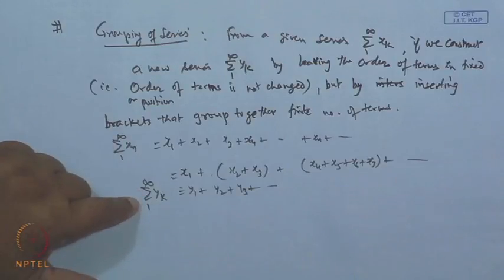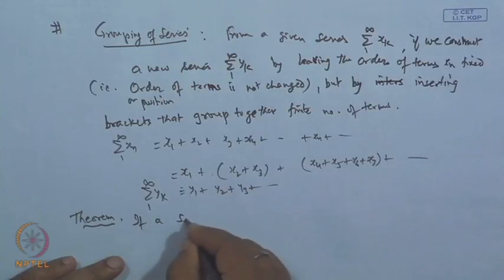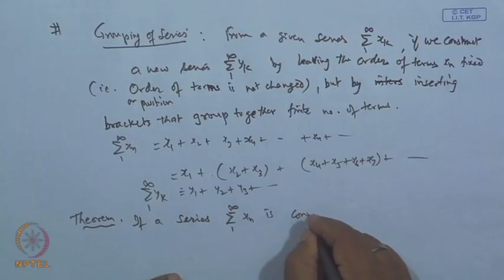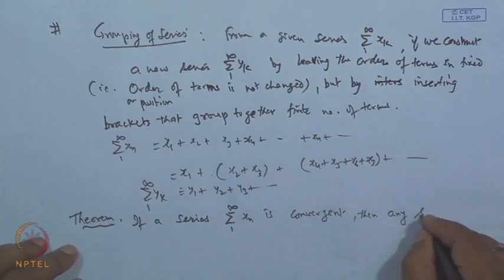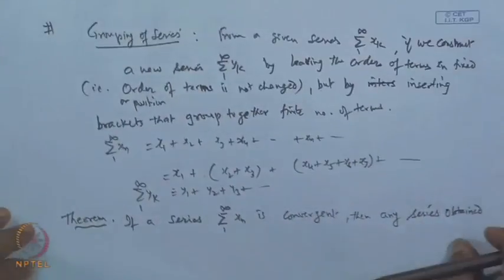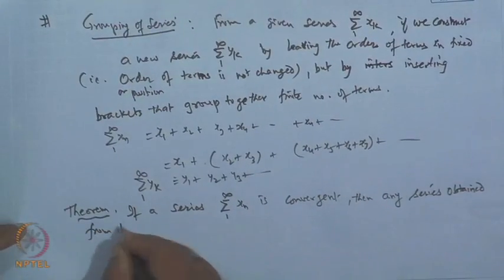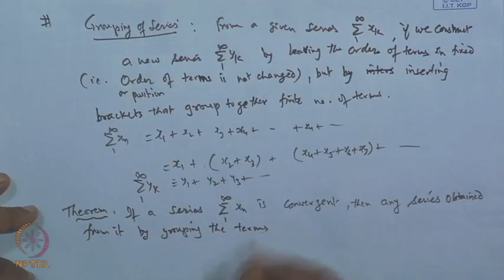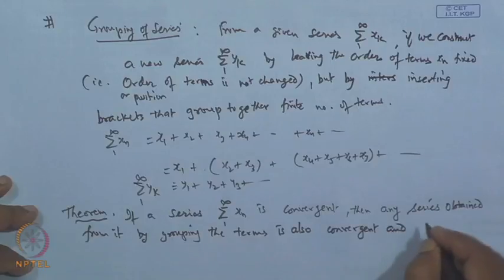Now, the nature of these two series will remain the same. So that is the result. The result says: if a series sigma x n, 1 to infinity, is convergent, then any series obtained from it by grouping the terms is also convergent, and to the same value.